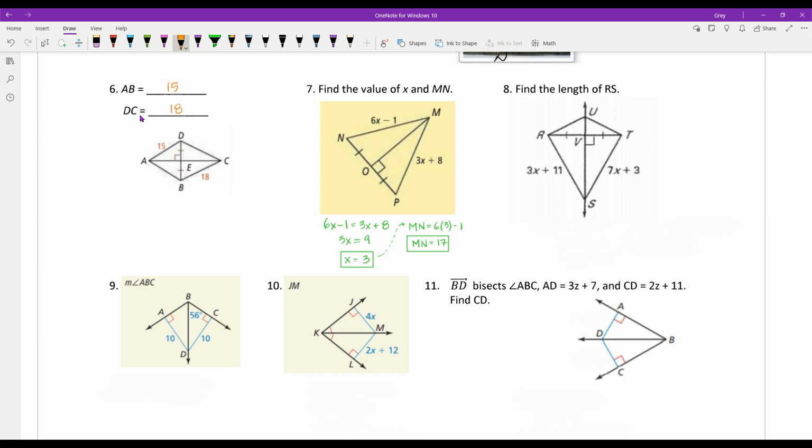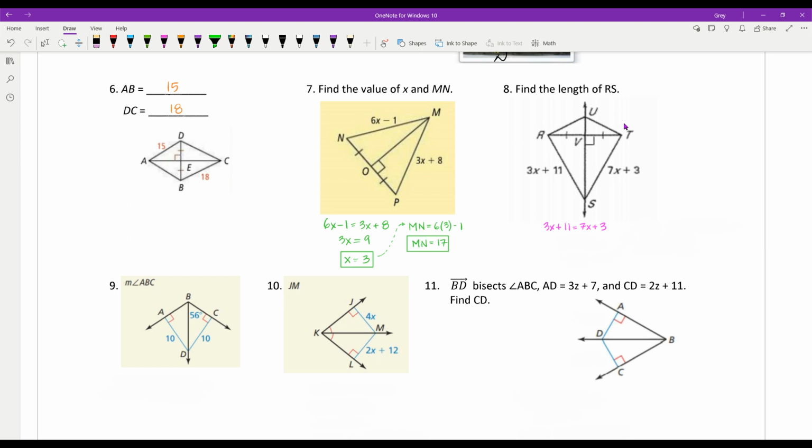All right, number 8. Find the length of RS. So I can tell that VS or US, however you wish to look at that line, is the perpendicular bisector of RT. So any point on that line is equidistant from R and T. So RS is equal to RT. So 3x plus 11 equals 7x plus 3.